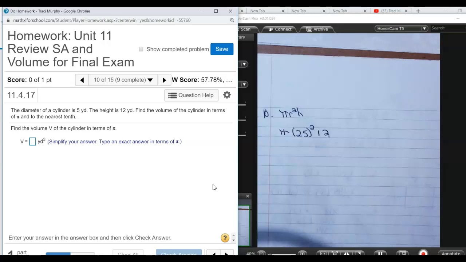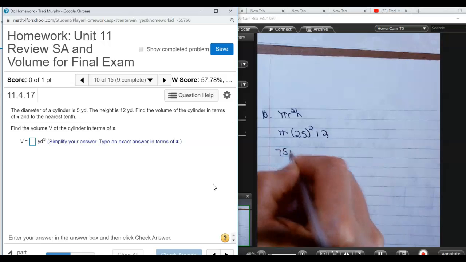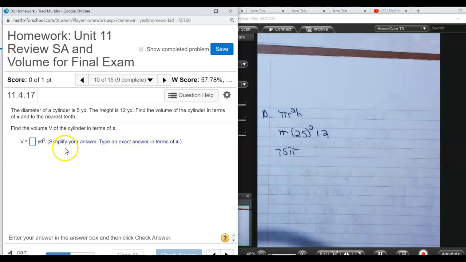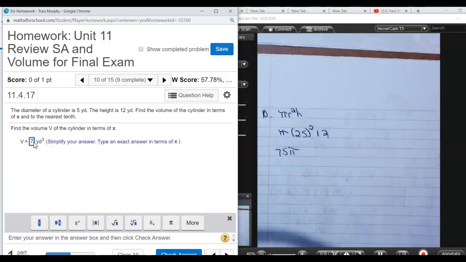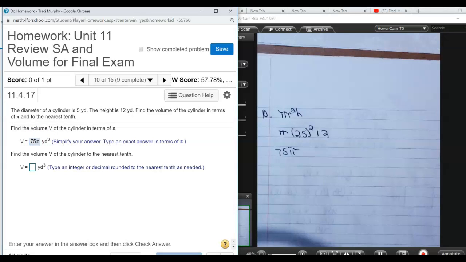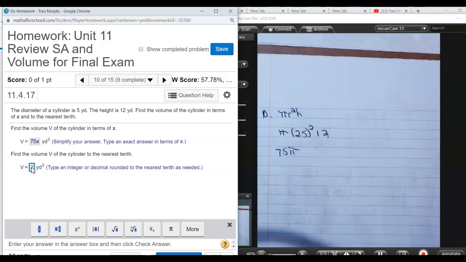So I'm typing in 2.5 squared times 12, and I've got 75 pi. And then they just want us to go ahead and multiply the 75 times pi and write our answer to the nearest tenth, 235.6.